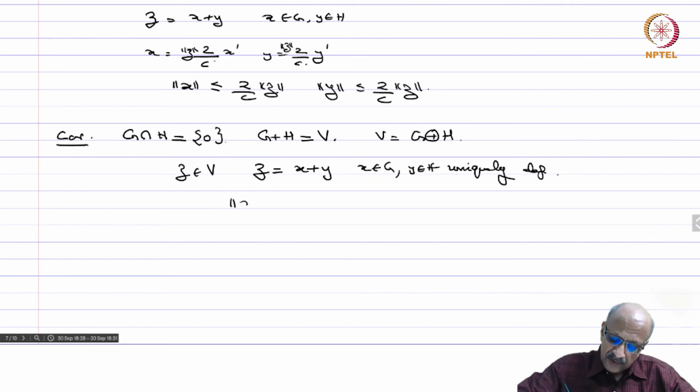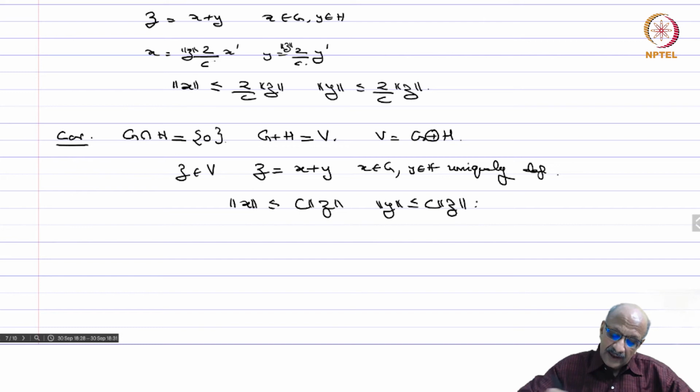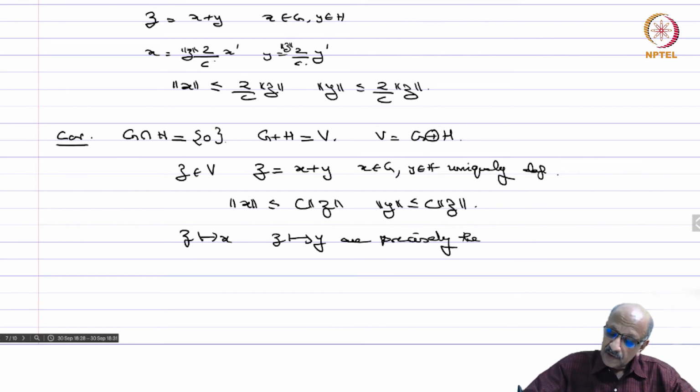and you will have norm x less than or equal to C times norm Z, norm y less than or equal to C times norm Z. And these are precisely the projections from V. So Z going to x and Z going to y are precisely the projections of V onto G and H respectively.